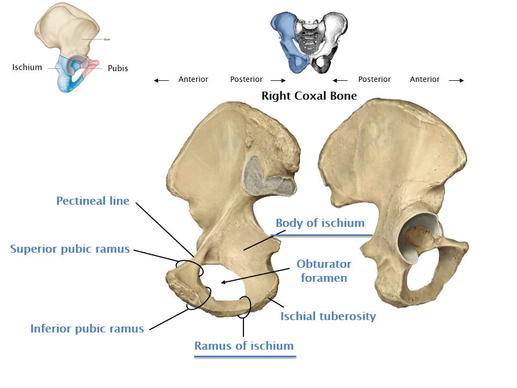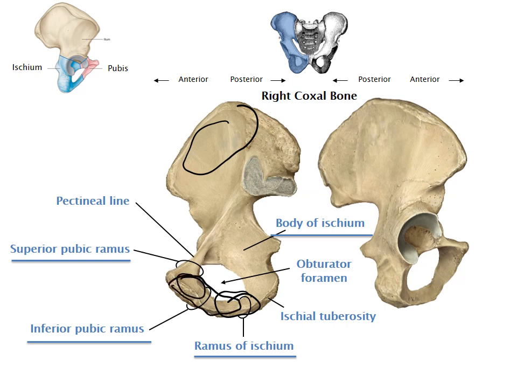The body of the ischium adjoins with the ilium and the superior pubic ramus above it. The ramus of the ischium is continuous with the inferior pubic ramus. Note that the ramus of the ischium and the inferior pubic ramus combine to form the ischiopubic ramus.